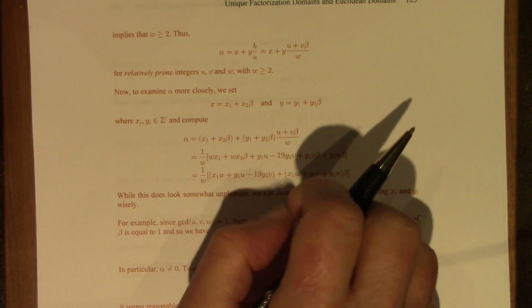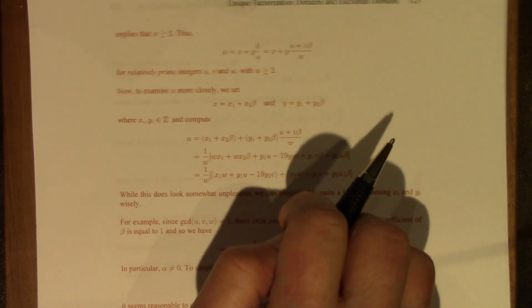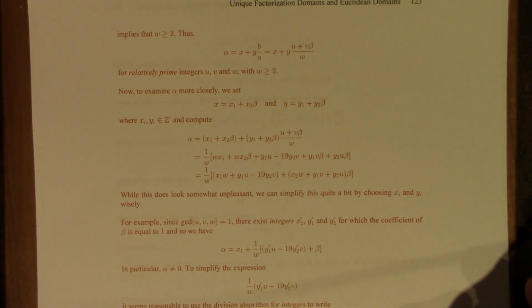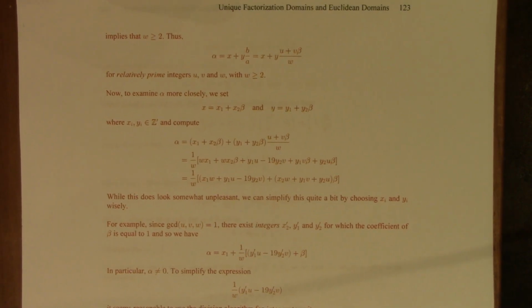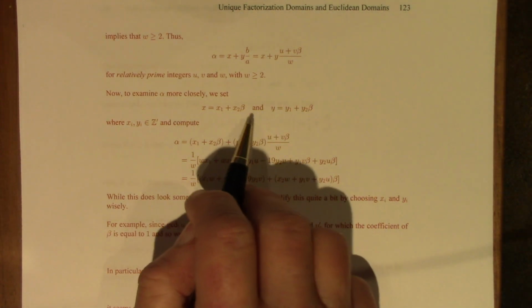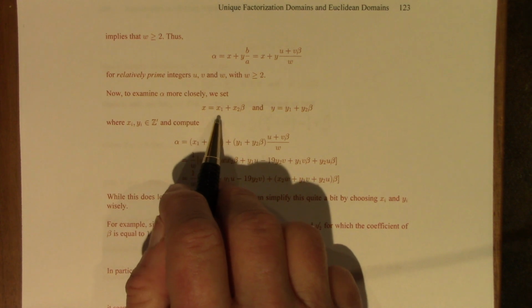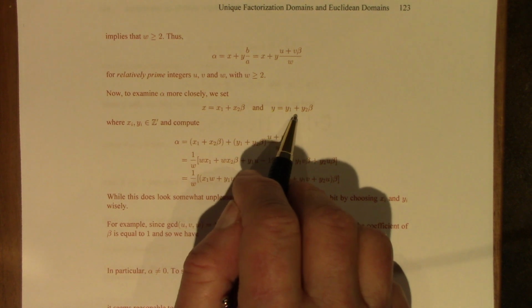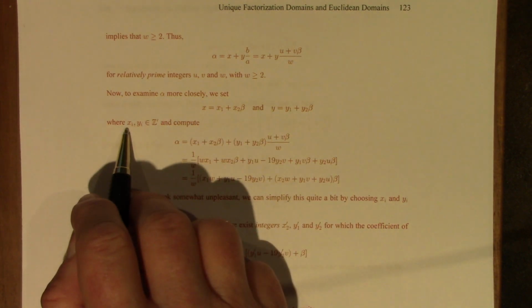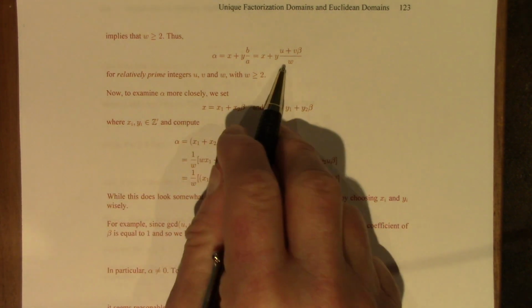Now, to examine alpha more closely, we have some options. And it's going to turn out that we're going to need more than one option. But the first thing that might occur to you is, let's just write x as x1 plus x2 beta, and y as y1 plus y2 beta, where the xi's and the yi's are in Z prime, and just compute this.